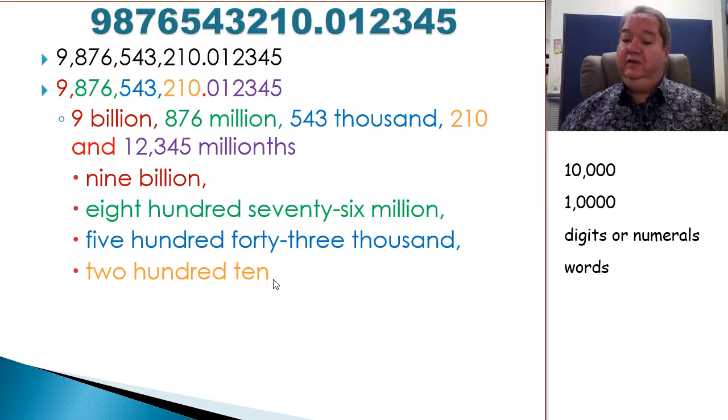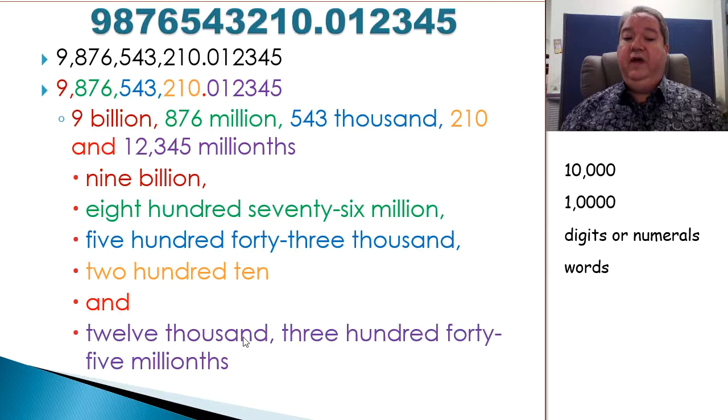There's no comma after this. 210, and, indicating the decimal point, and 12,345 millionths. 45 does have a hyphen.